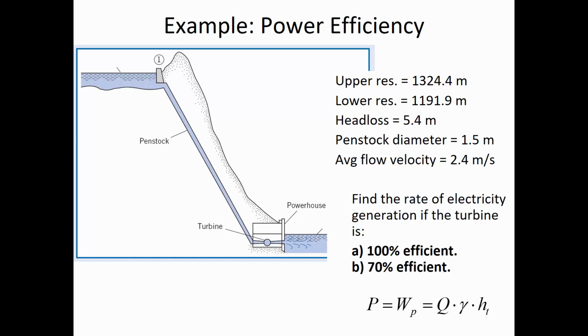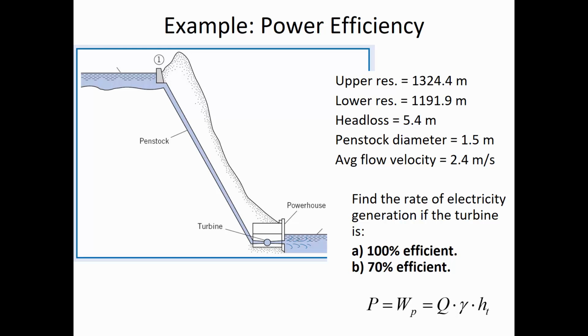So 70% efficient. So for the first case of 100% efficiency, what we need to solve for is the pump head. We're solving the energy equation for H sub P. And so we start by just writing the full version of the energy equation.